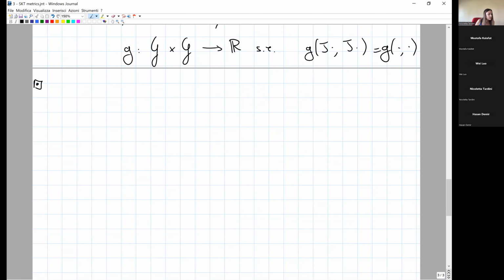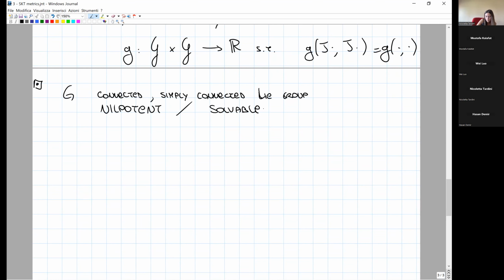So now let me recall the definition of nilmanifold and solvmanifold. Suppose that we have G, a connected, simply connected Lie group, and suppose that G is nilpotent or solvable, one of the two.